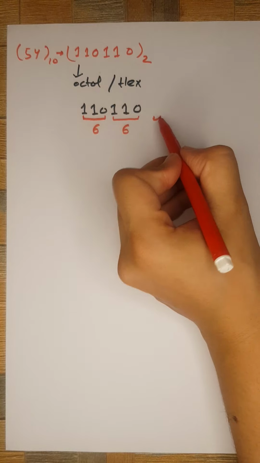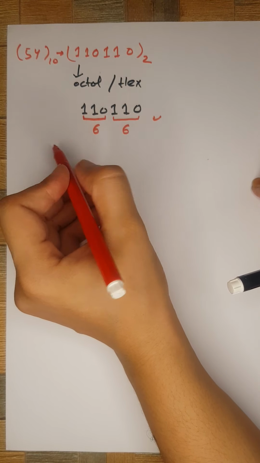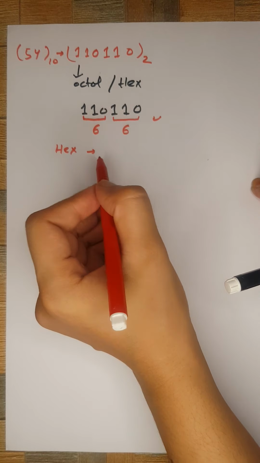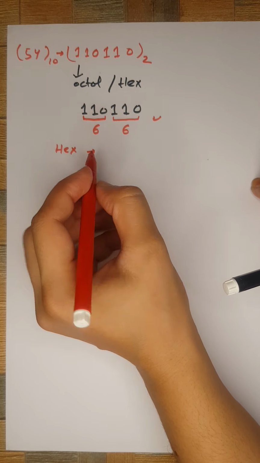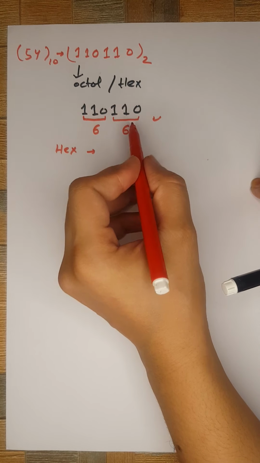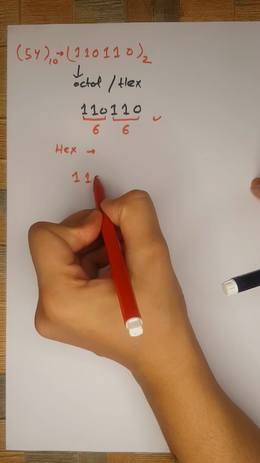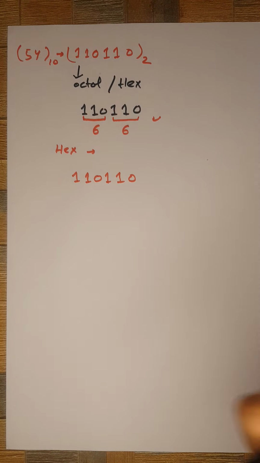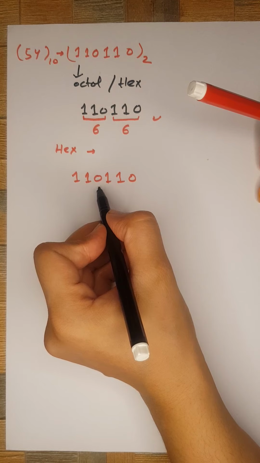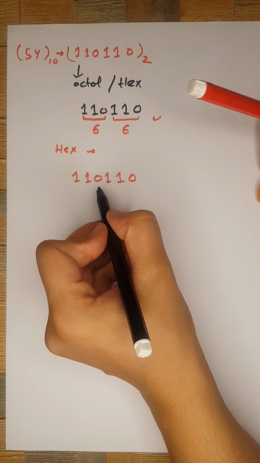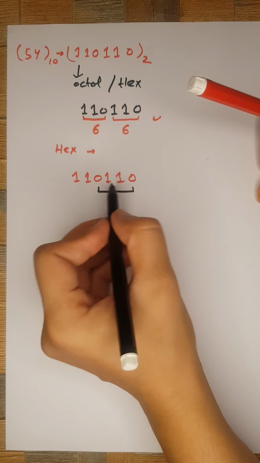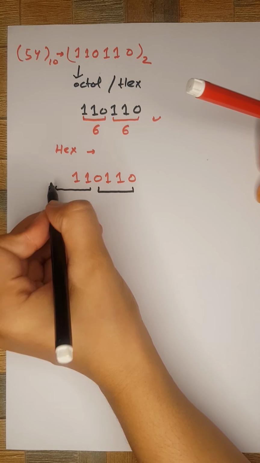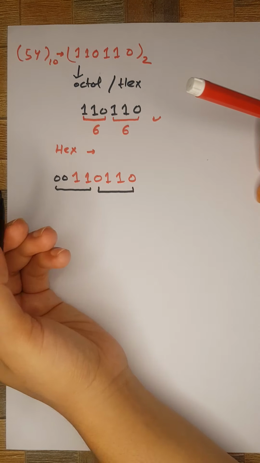Similarly, if you want to convert into hex, all you need to do is combine 4 bits now. So 110110. Since 4 bits are required for representing each hex digit, you combine 4 bits from here, and now we need 4 bits on the left, so we will append 2 zeros on the left hand side.